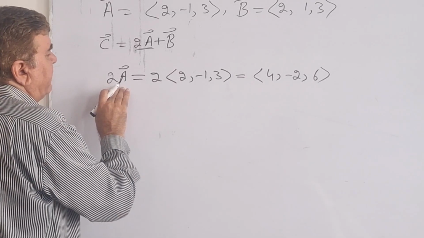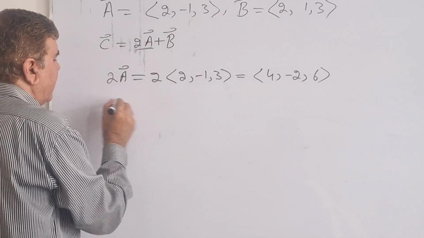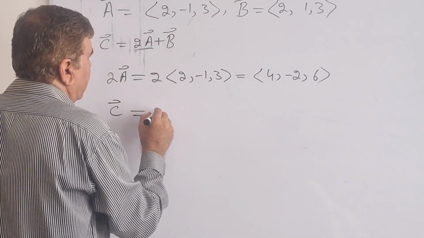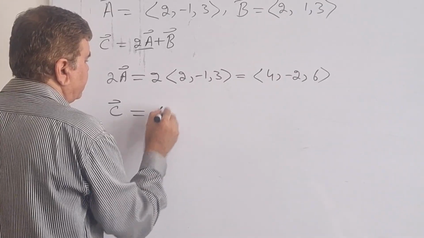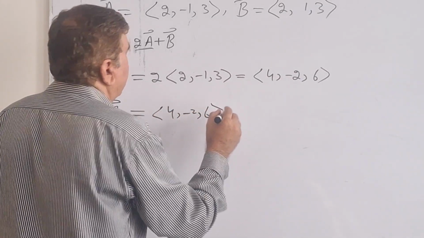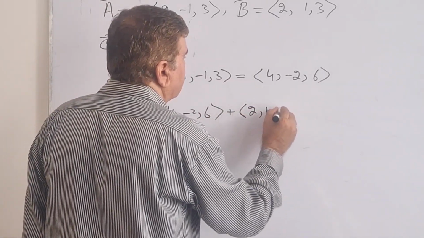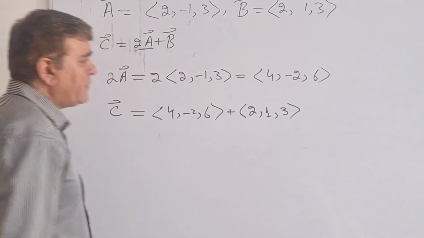Now if I put the value of this in this given relation, I can write C in the form of (4, minus 2, 6) plus (2, 1, 3).